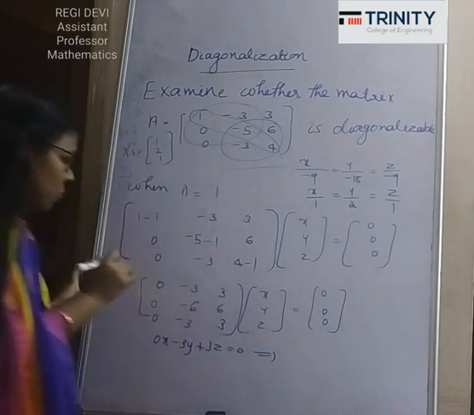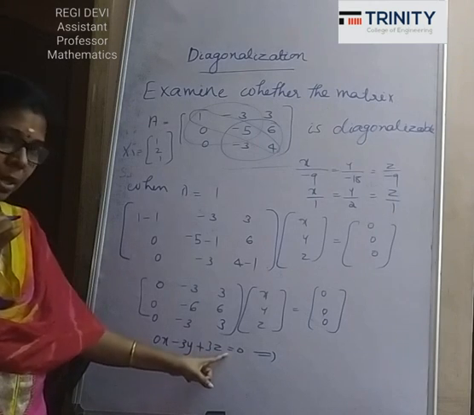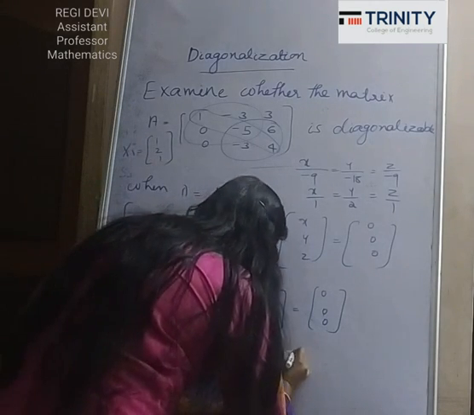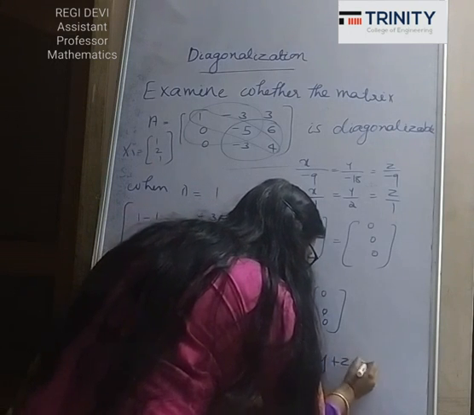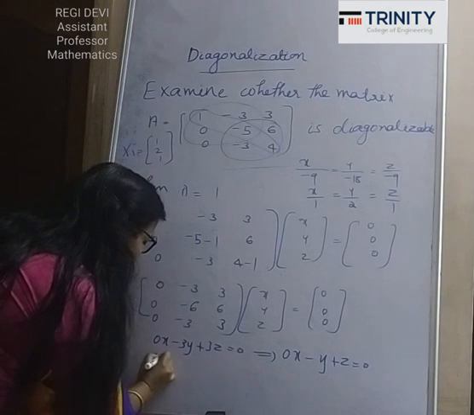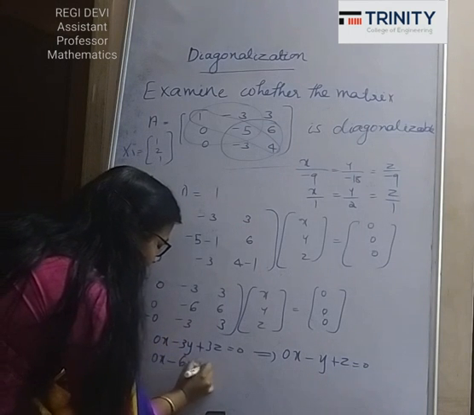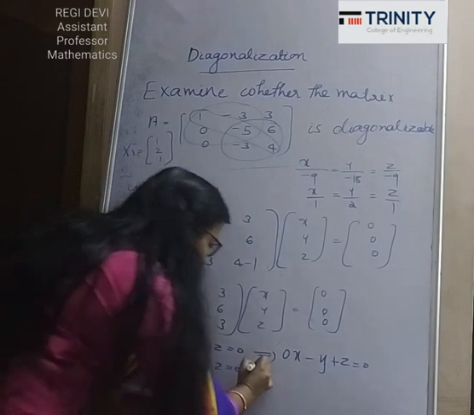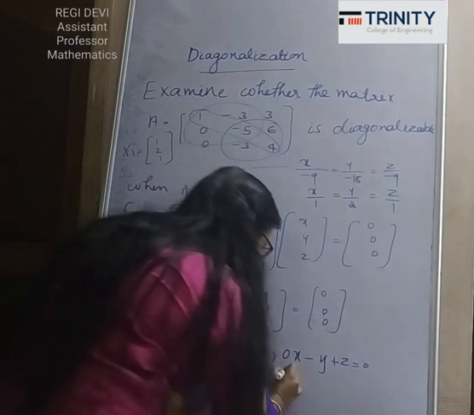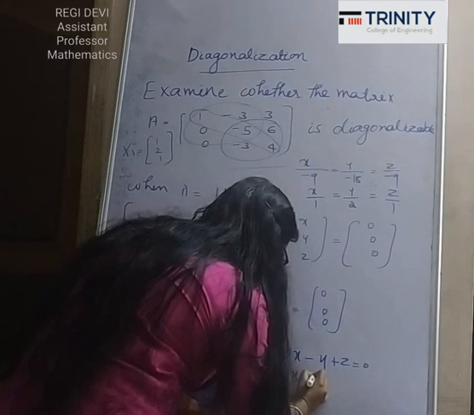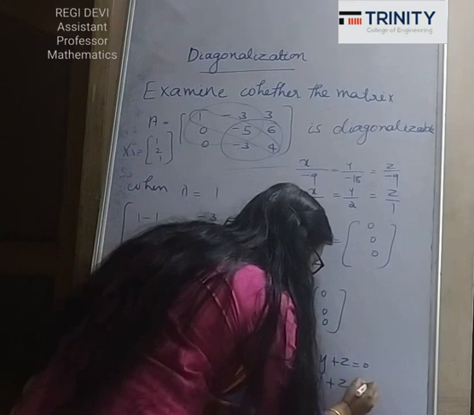Dividing by 3 throughout, 0x minus y plus z equal to 0. The second equation is 0x minus 6y plus 6z equal to 0. Dividing by 6, 0x minus y plus z equal to 0.